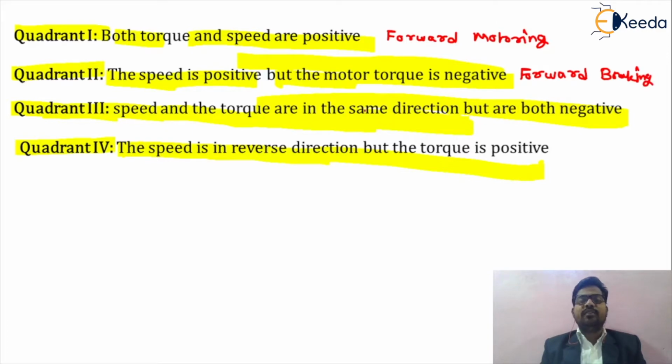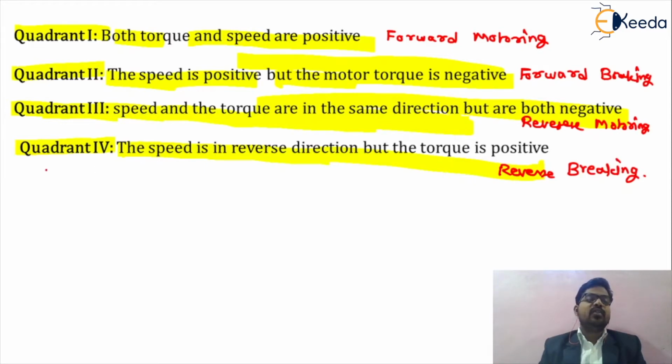The third is called reverse motoring, and the last is the reverse braking operating mode of your electrical drive. So in this way, friends, we have studied the different quadrants of operation. The first quadrant is positive, positive. The second is negative, positive. The third quadrant is negative, negative. The fourth quadrant is positive, negative. That is the torque and speed multi-quadrant operation of your electrical drive.